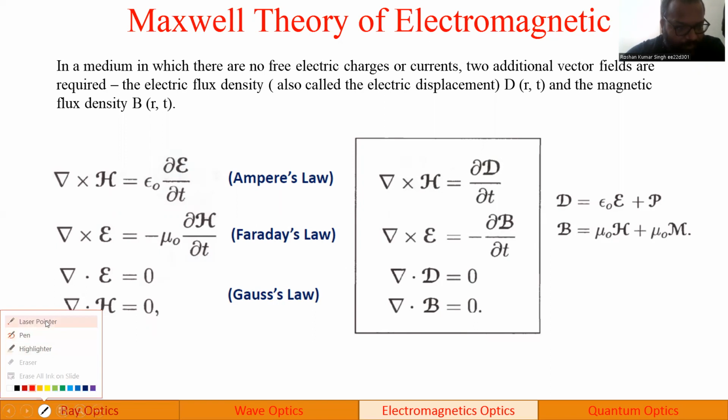The first equation is Ampere's law, which says that when there is any change in the magnetic field, there is a generation of a time varying electric field. In the second law, it says that when we change the electric field, we get a time varying magnetic field.